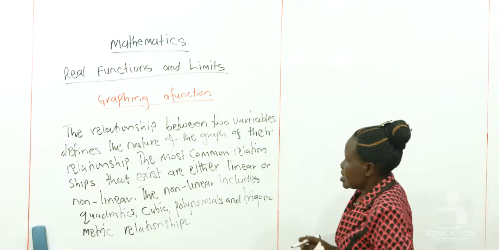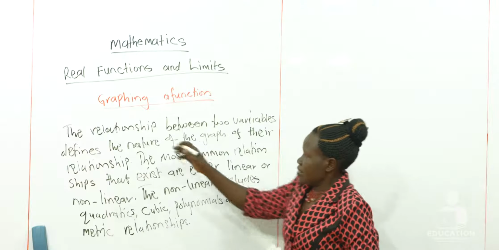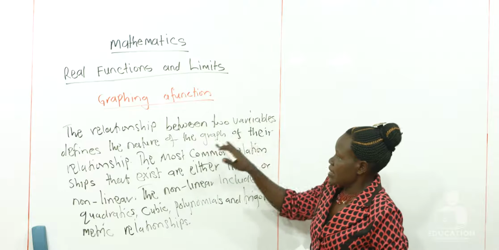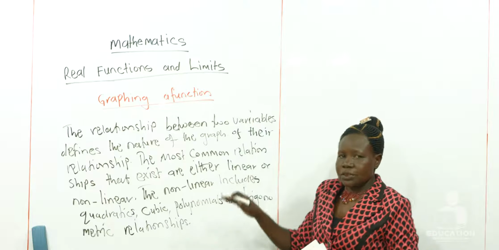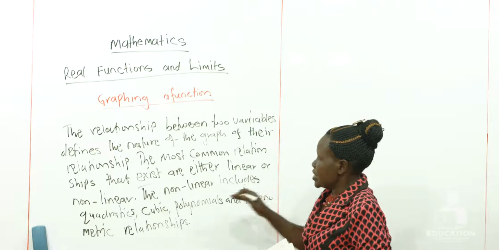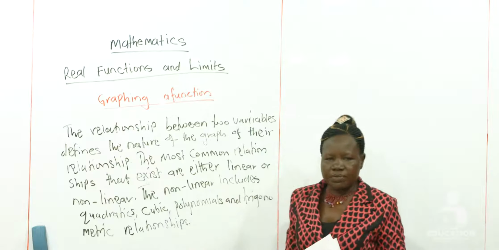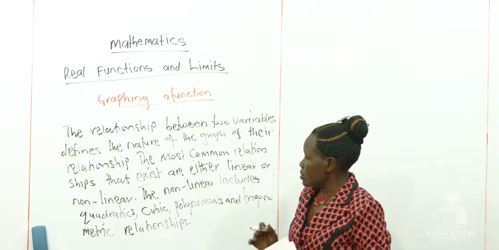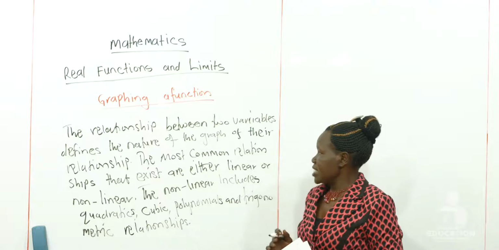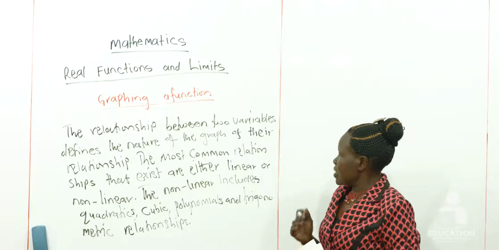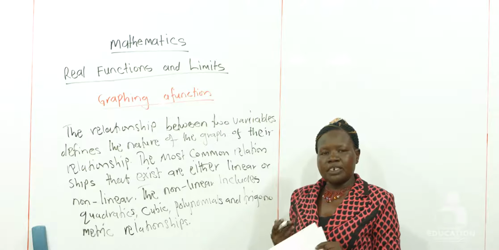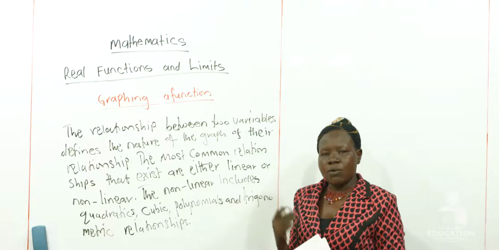So learners, we have just said that when we are looking at graphing a function, for us to get a graph, we look at the relationship between the two variables. Of course, you know the two variables are x and y. The nature of the graph will be determined by the relationship between x and y.